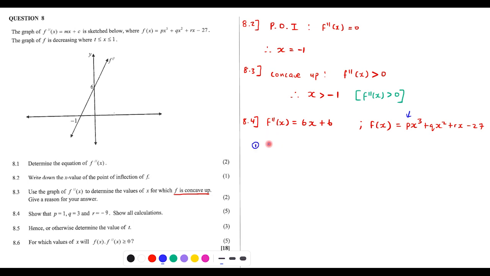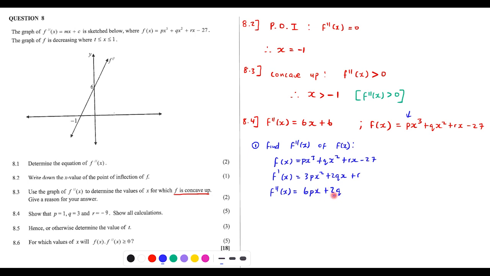So we're going to find the second derivative of f of x, right? Now how do we do that? We take f of x, which is px cubed plus qx squared plus rx minus 27, and from here we find the first derivative, which is 3px squared plus 2qx plus r, and then we look for the second derivative, which is 6px plus 2q, right?